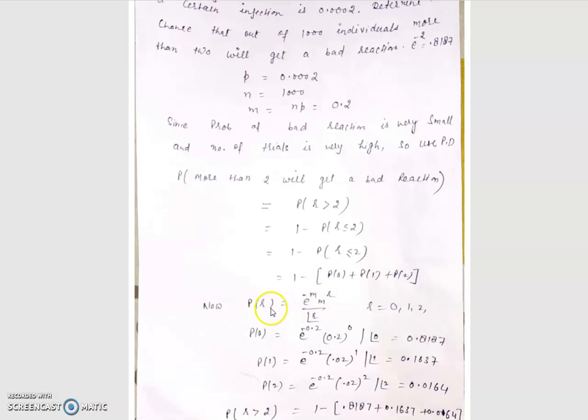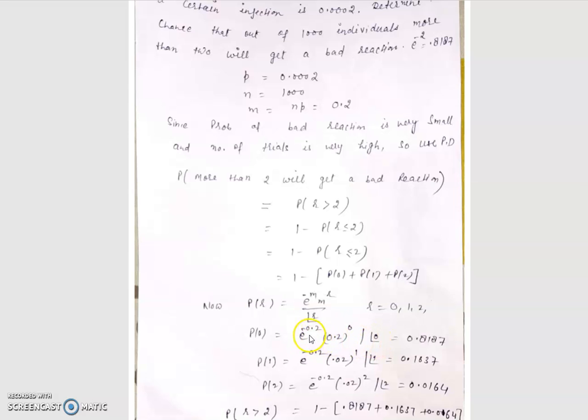How can you find the value of P0? The Poisson distribution is P(r) equal to e to the power minus m, m to the power r upon factorial r, for r equal to 0, 1, 2, 3. Substitute r equal to 0. Here m is 0.2, so this is e to the power minus 0.2 into 0.2 to the power 0 upon factorial 0.